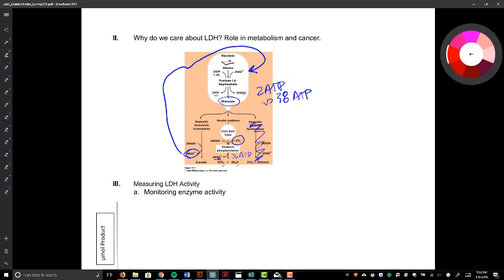But another reason why we're concerned with LDH is because it turns out that cancer cells have developed the ability to undergo anaerobic homolactic fermentation, but they do this when there's plenty of oxygen present.